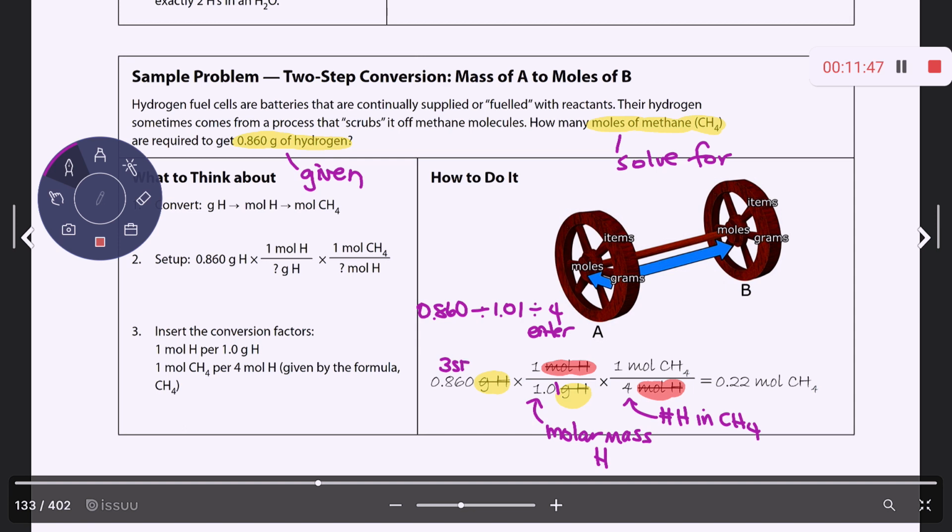You have 3 sig figs here. This number 1 and this number 1 are infinite. This number 4 is infinite because you can actually count the 4 in CH4. This is 3 sig figs. That's why they have the wrong number of sig figs. This should be 3, whatever that comes out to be. Let's take a look at the next page. This should technically be 0.213.